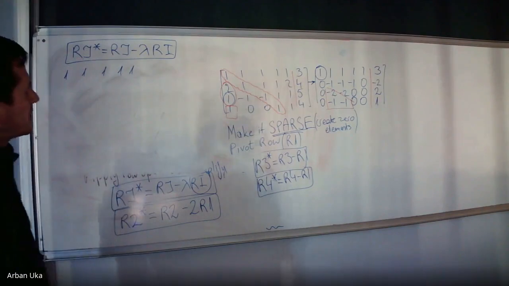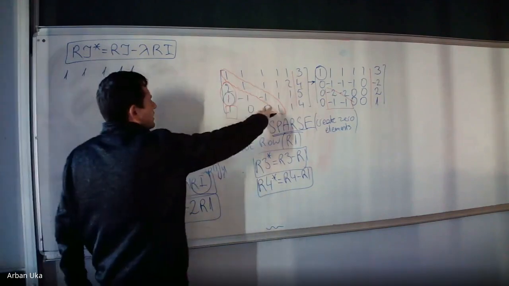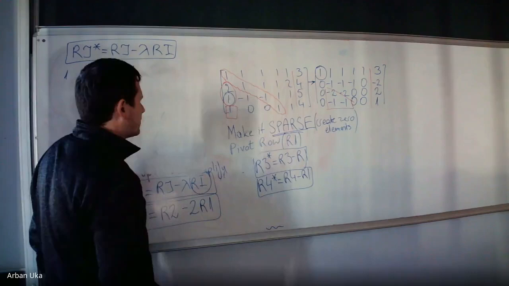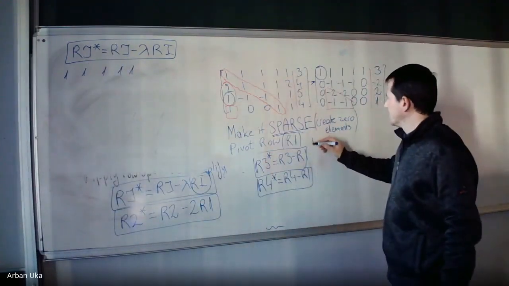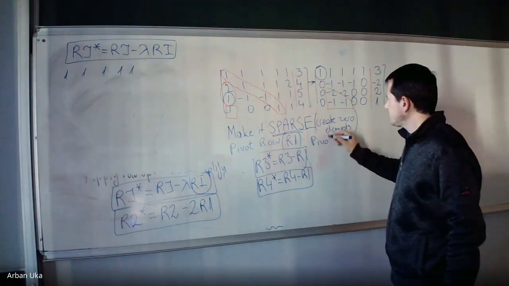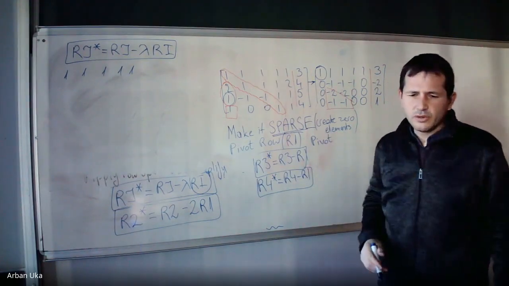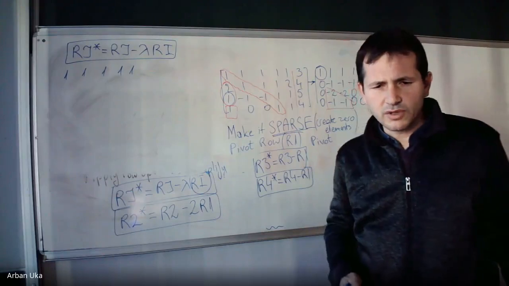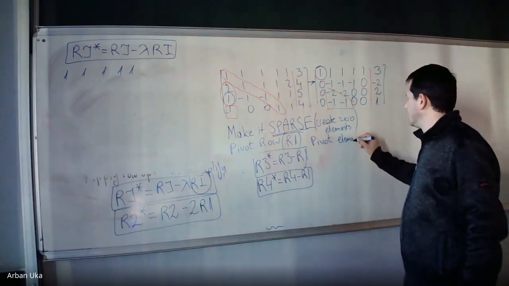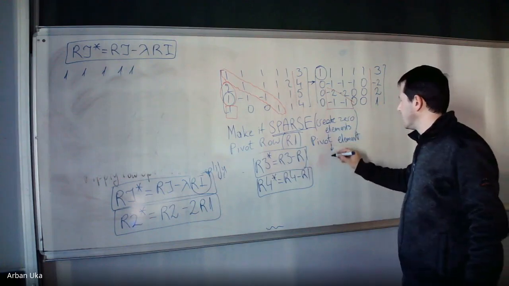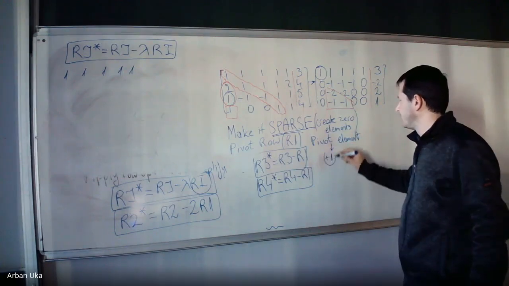So the moment we try to make everything 0 here, we have pivot rows, okay? And we have also pivot elements. So pivot row, you can also consider it like a reference row or reference element. Pivot element. Let's make them 1, plus 1.